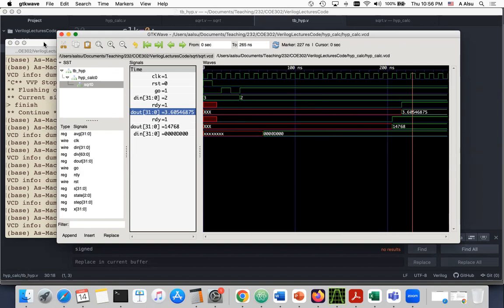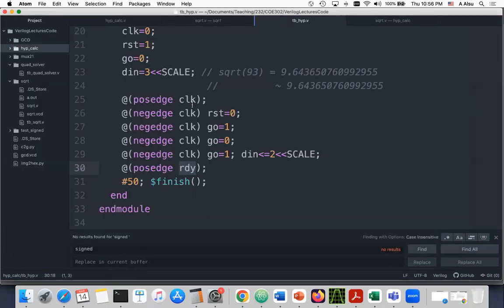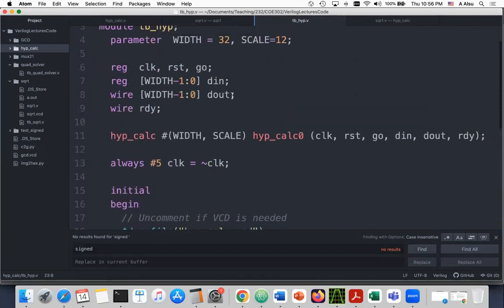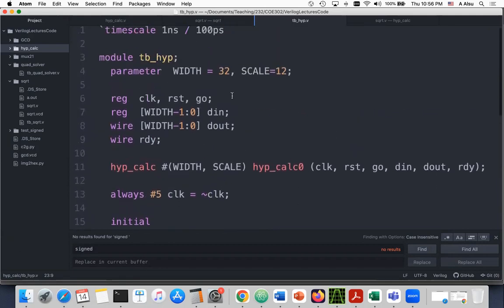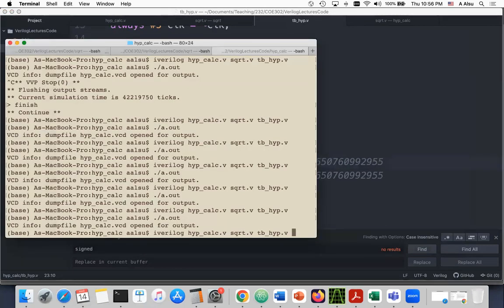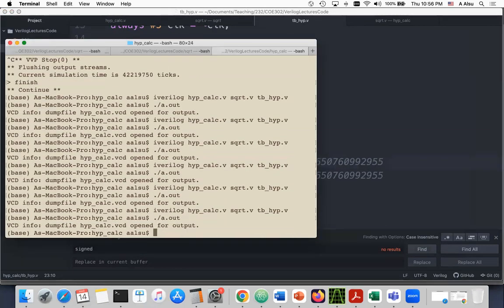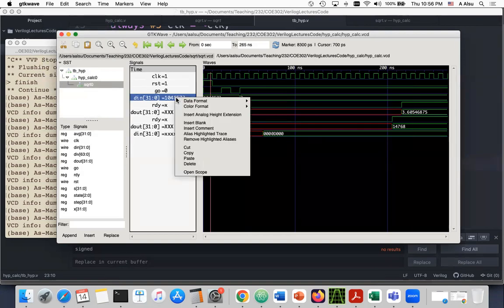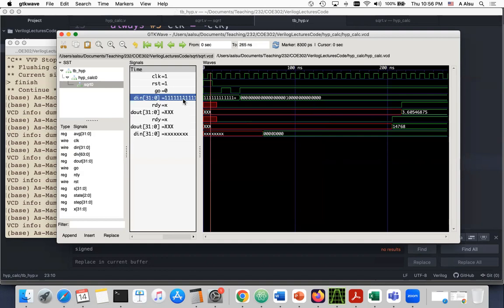One more thing probably to check if this works or not is to try a negative number. It shouldn't change the result, by the way, because it is squared, so I should get the exact same result. This one should be signed.